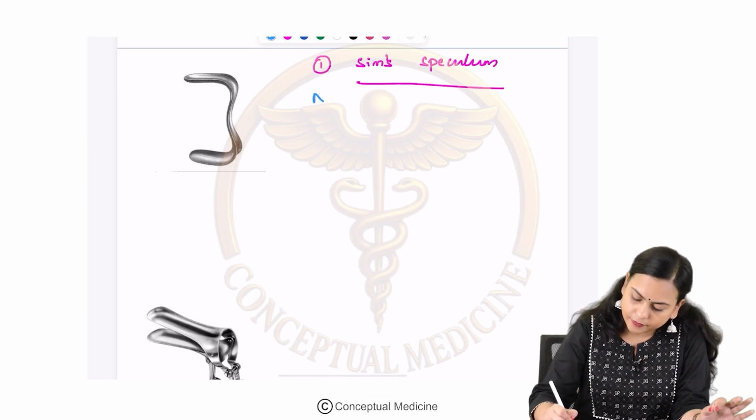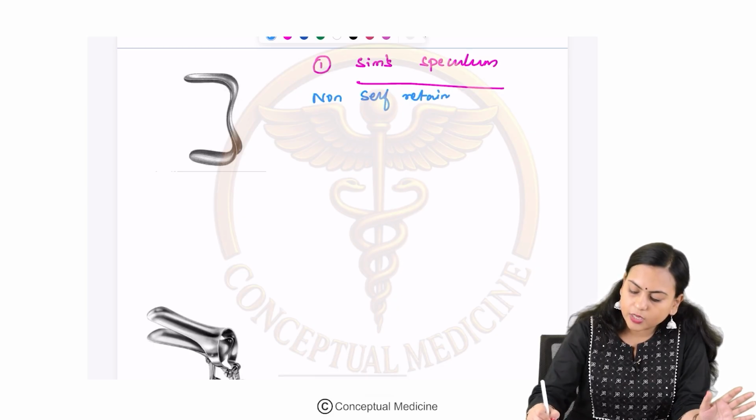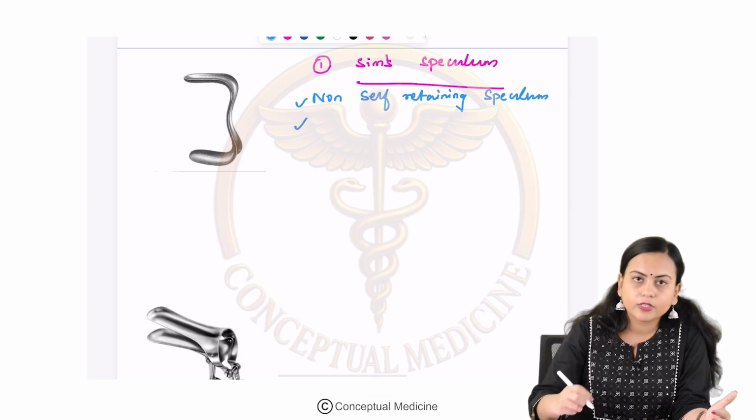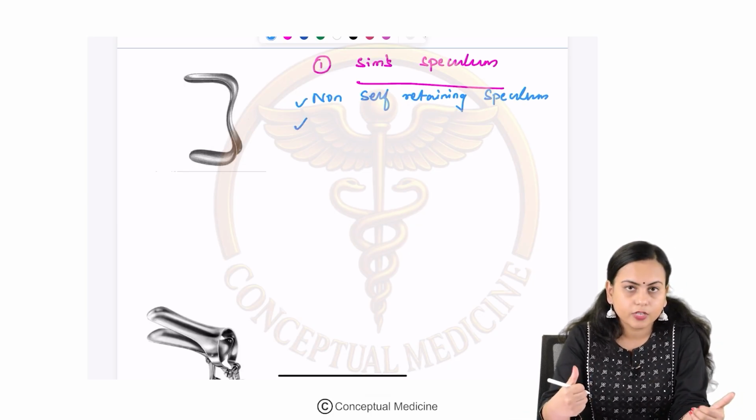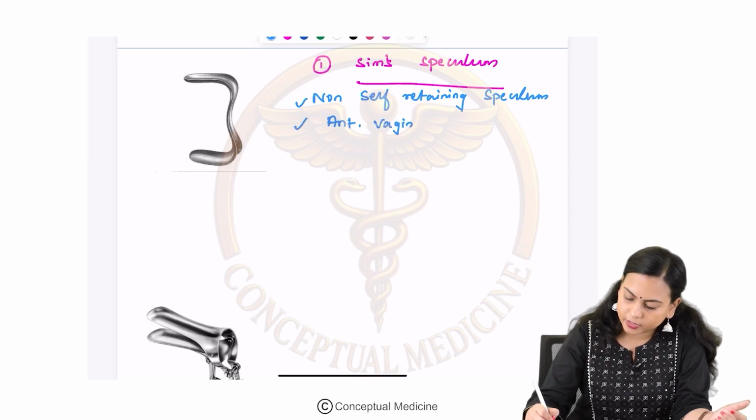Remember, this is a non-self-retaining speculum. That means you need one person to hold this. And if you are doing it alone, you can't use it for both anterior vaginal wall and posterior vaginal wall. So, for anterior vaginal wall retraction, you can use an anterior vaginal wall retractor.